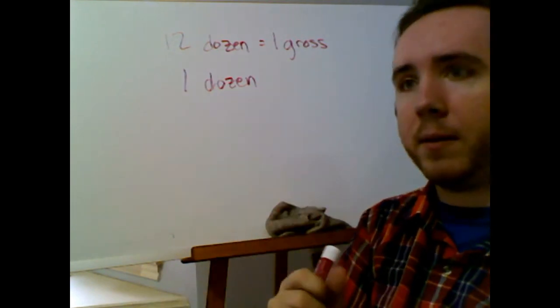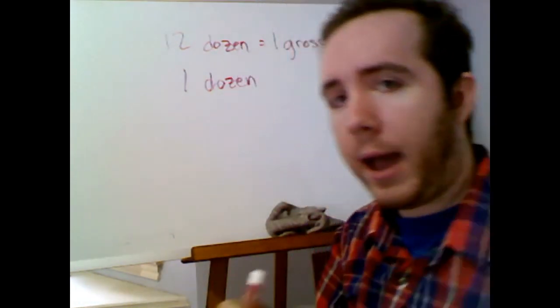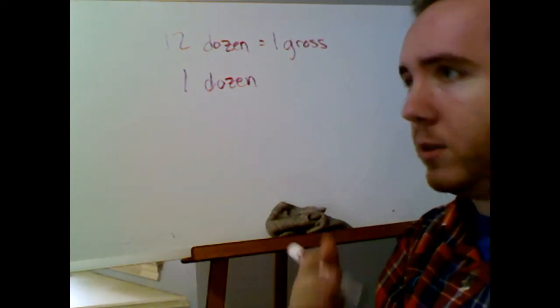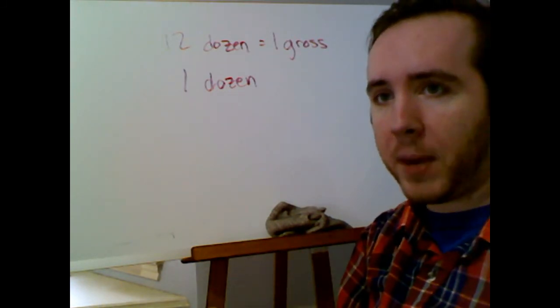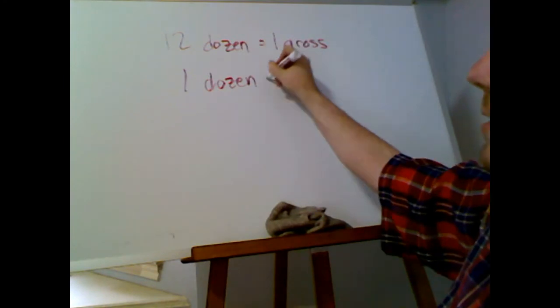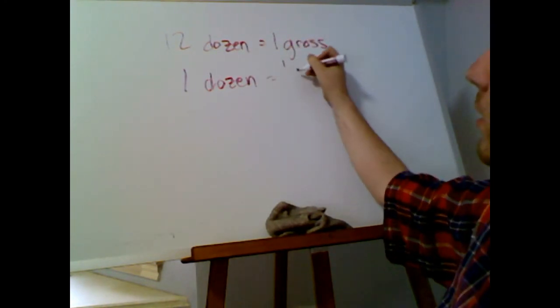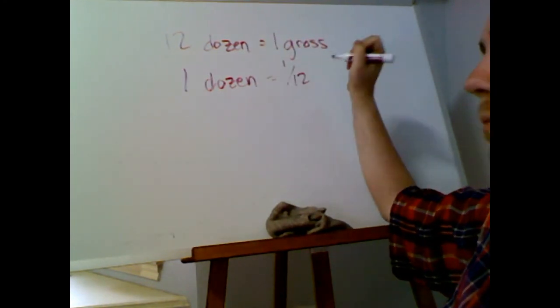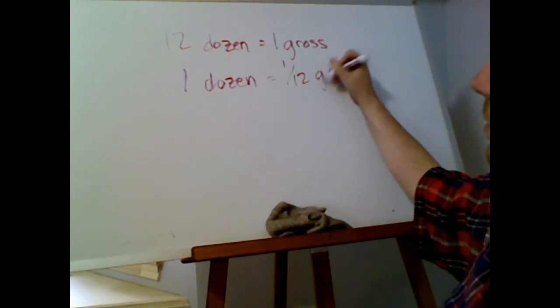It's one little part of it, 1 part out of 12, because we need 12 of these dozens to make a gross. So this equals my 1 part out of 12 gross.